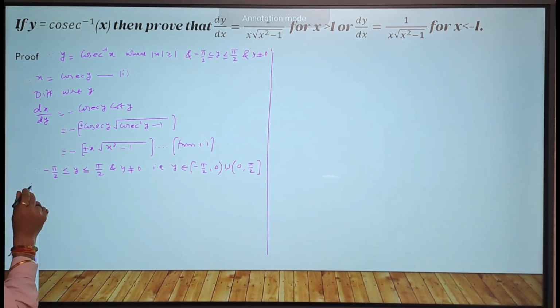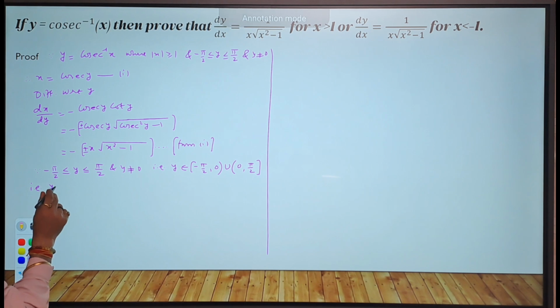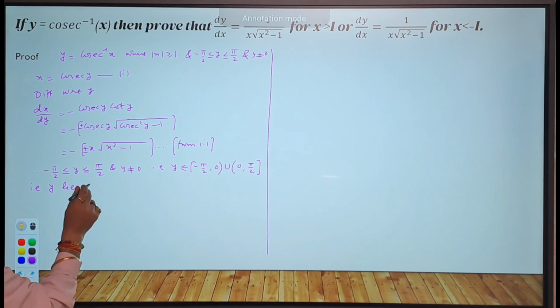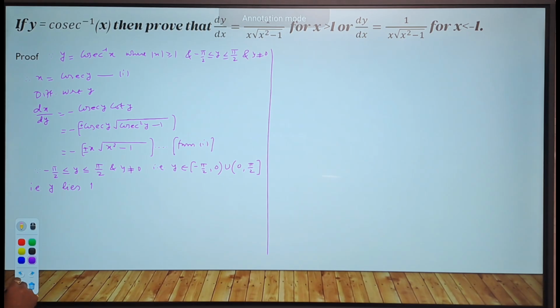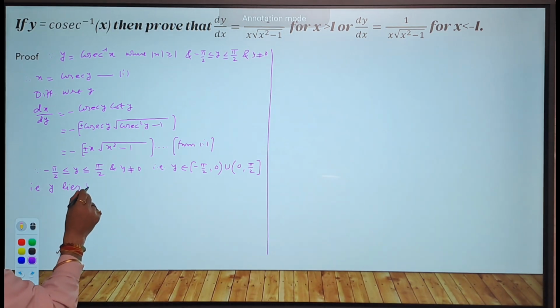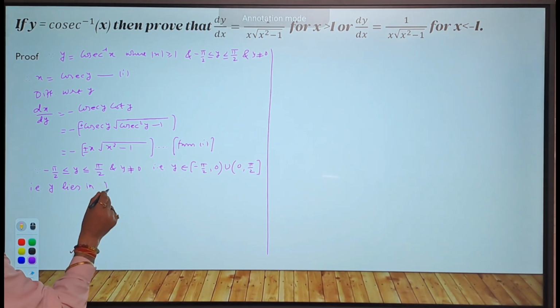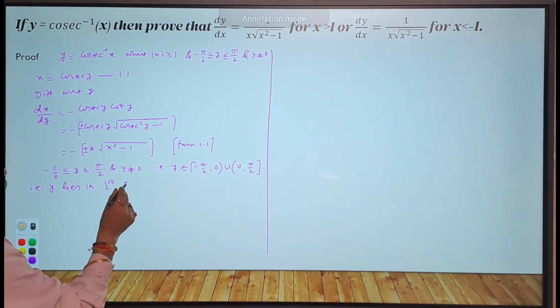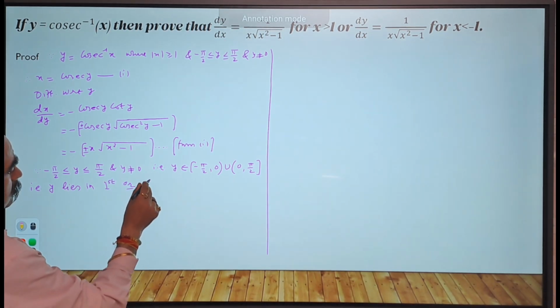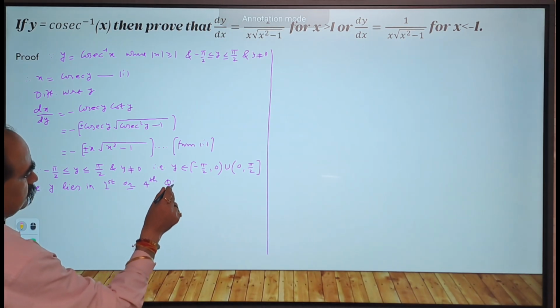That is, y lies in the first or fourth quadrants.